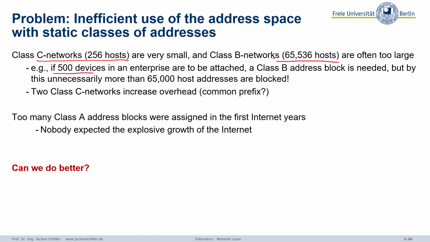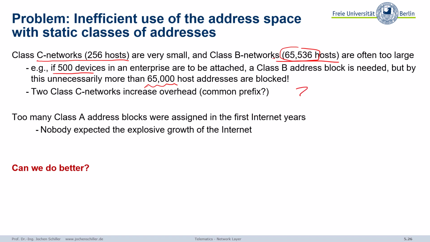Class C is not enough. Class B is enough, but class B, 65,000 hosts, is way too much. If you have only 500 computers, you waste 65,000 addresses. You block them. That's not a good idea.